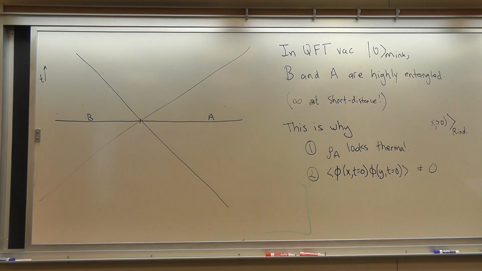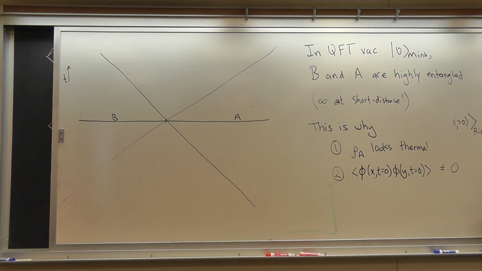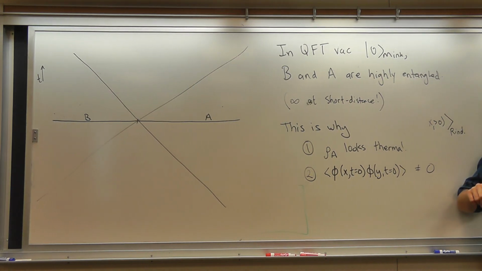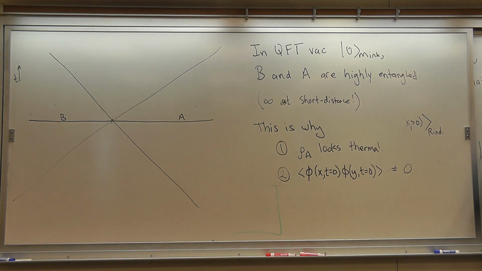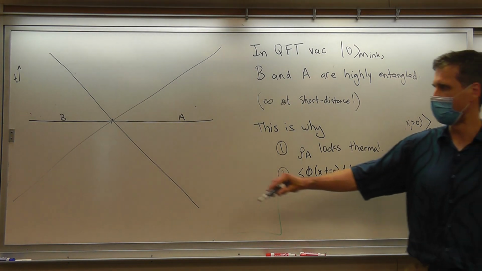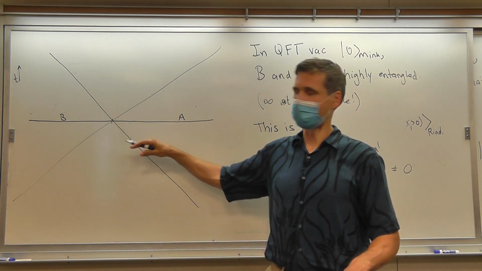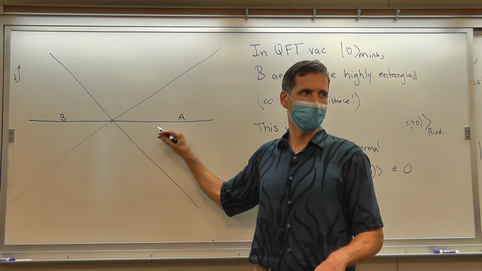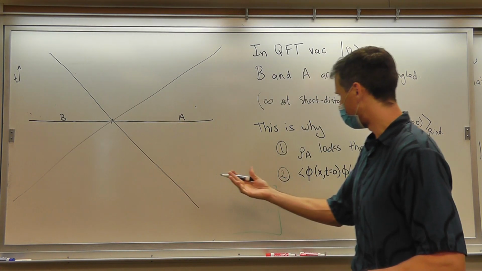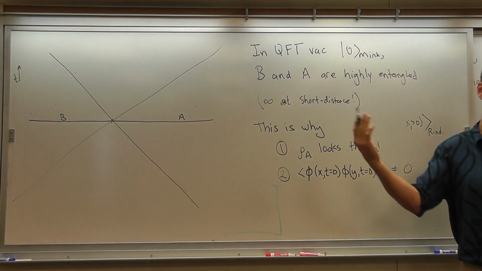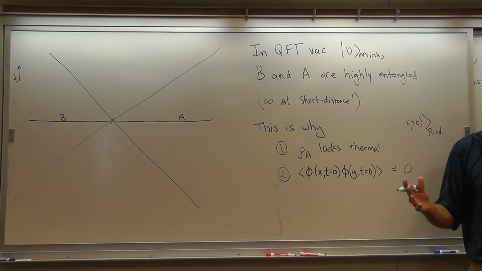It's always a little confusing when you first start learning quantum field theory that these two-point functions are non-zero at space-like separation when there can be no causal influence. Well, there's no causal influence between region B and region A, but there are correlations between region B and region A, and those correlations are understood here as the entanglement between the two sides. So it's the entanglement between the two sides that produces those correlations.